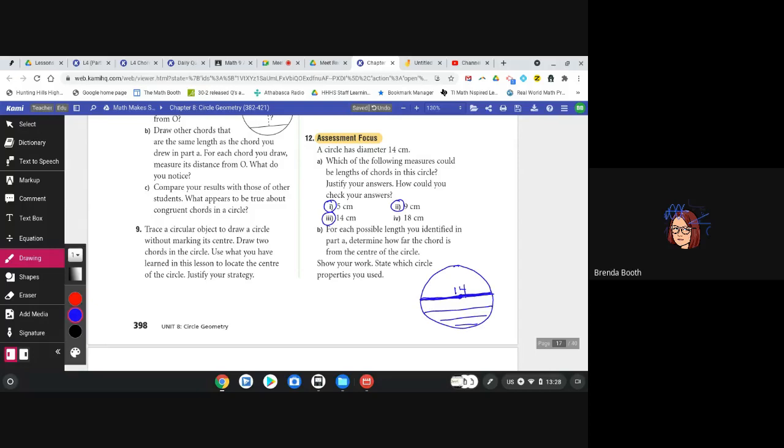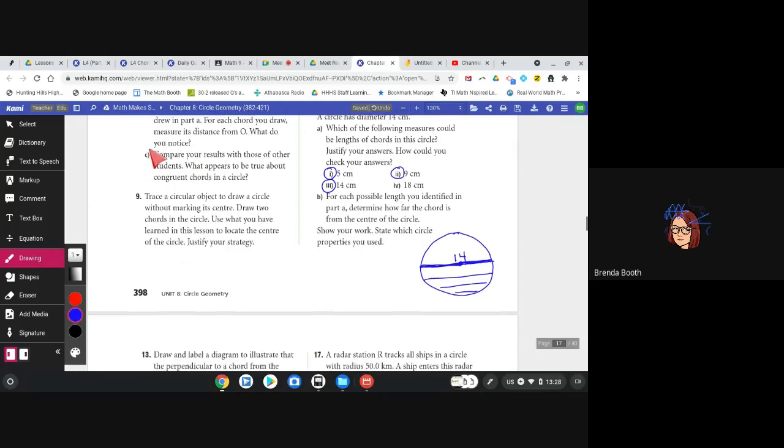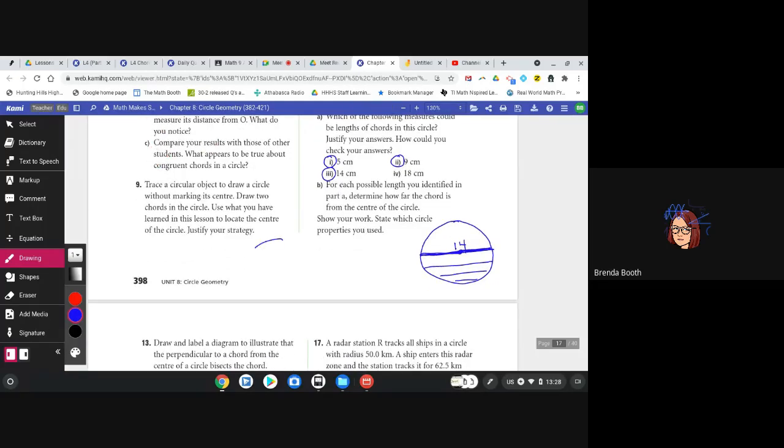And then for B, for each possible length you identified in part A, determine how far the chord is from the center of the circle. So this is that diagram that I talked about earlier when we were going through our worksheet. Remember it's easier for your brain to visualize if it really does look like a circle.